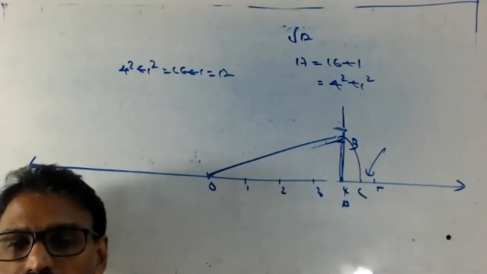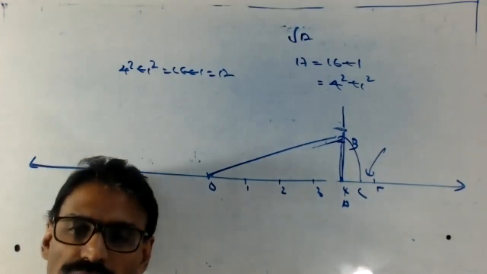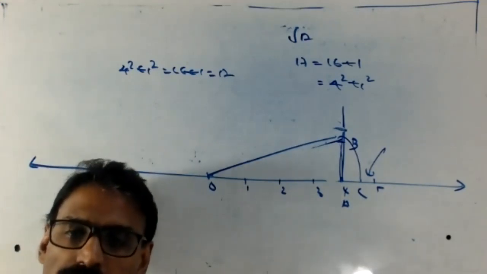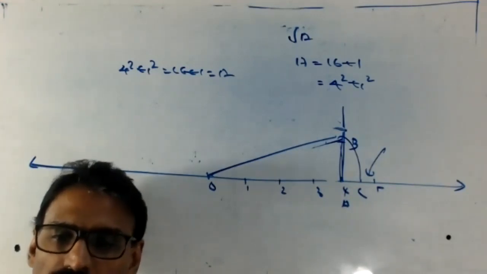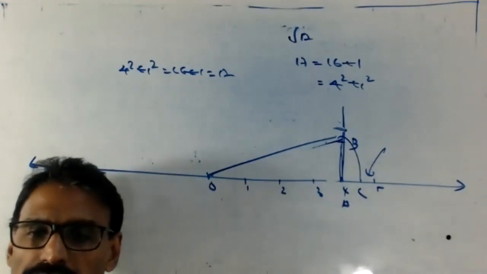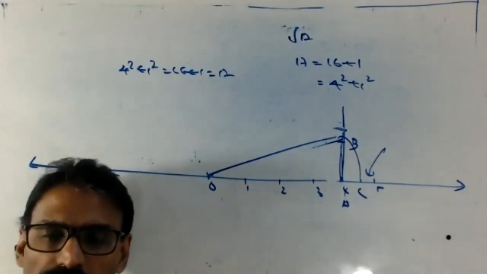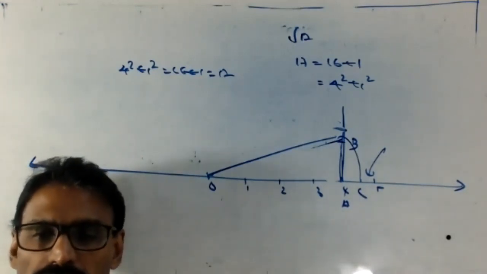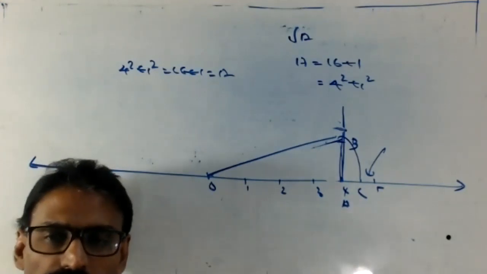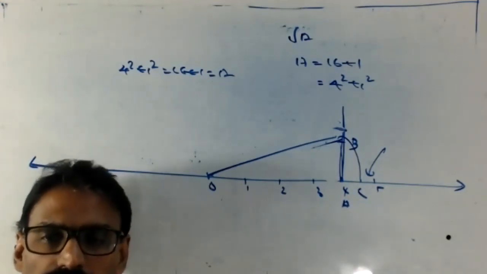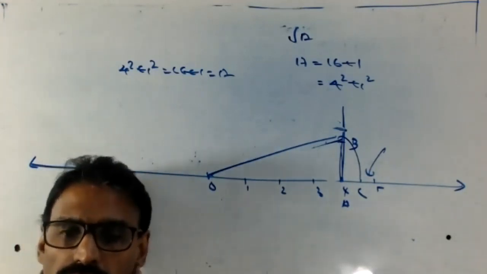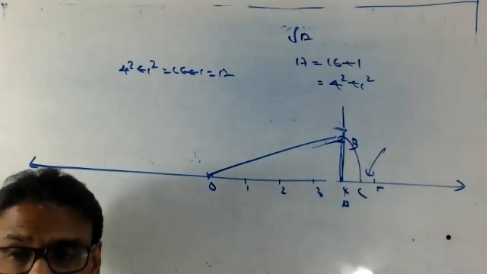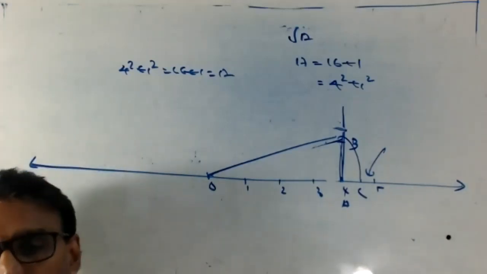Right? That is 3 plus 1. Others, understood or not? Base is 3, height is 1, so 3 square plus 1 square is 9 plus 1, that is not 13. Right? 3 square plus 2 square, height is 2. Now clear?